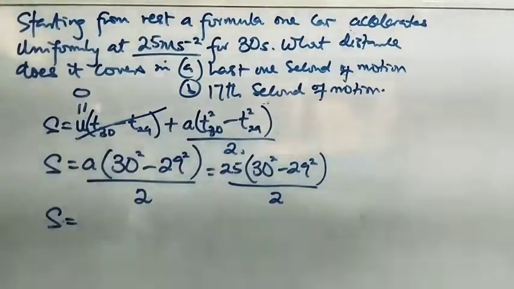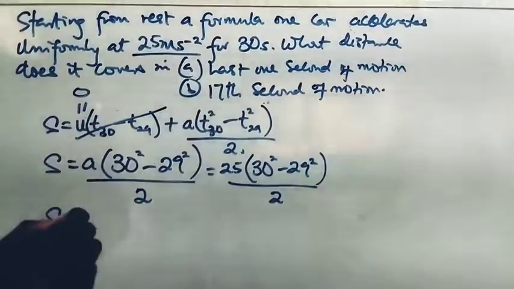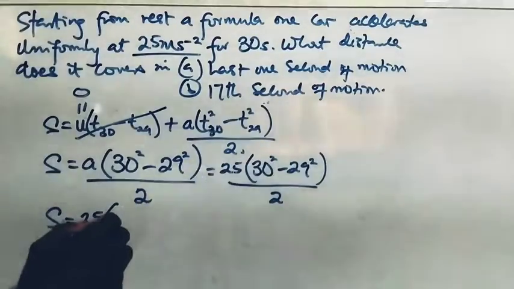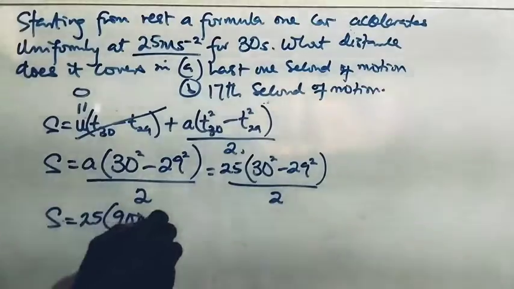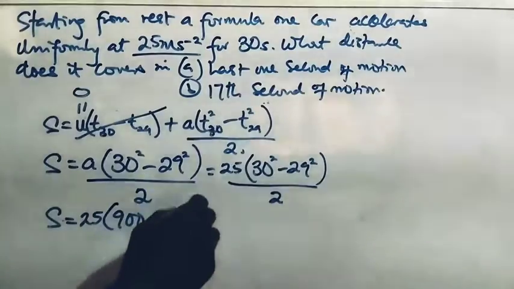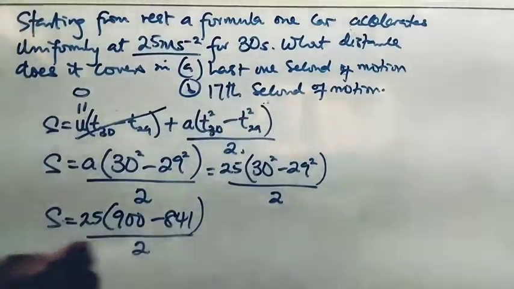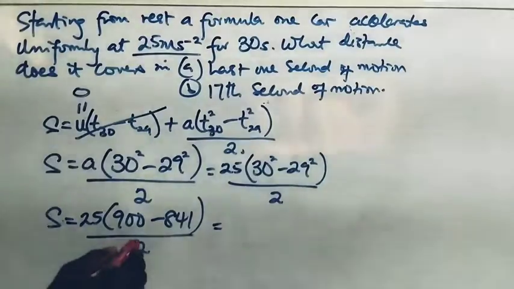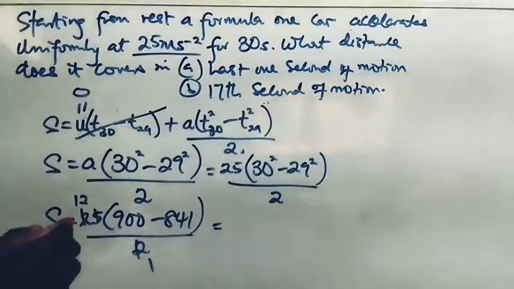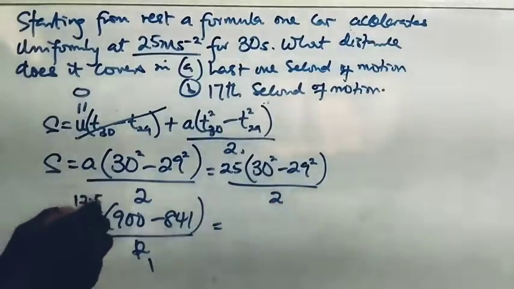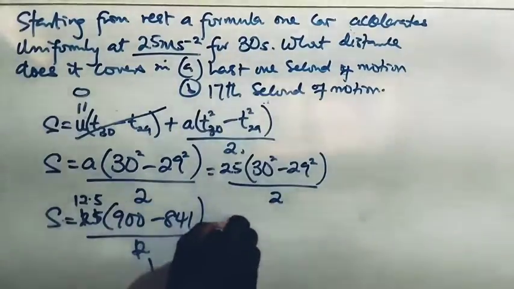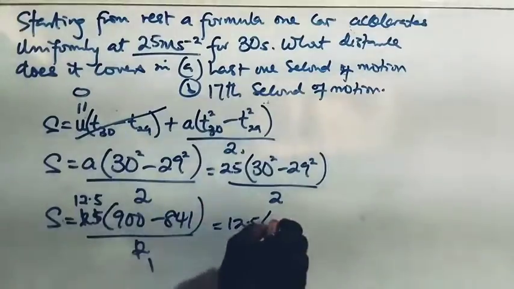So s equals 25 times, 30 squared gives us 900, minus 29 squared gives us 841, all over 2. 900 minus 841 gives us 59.